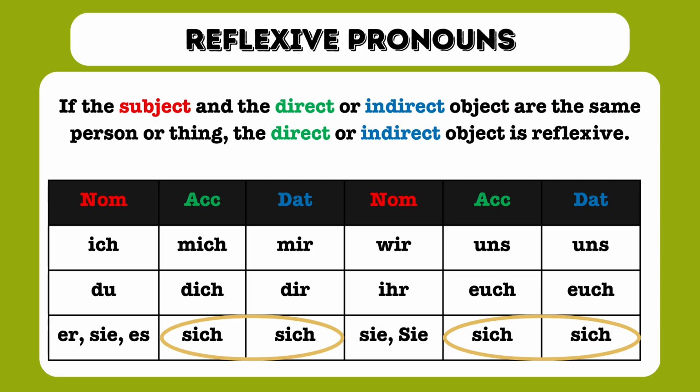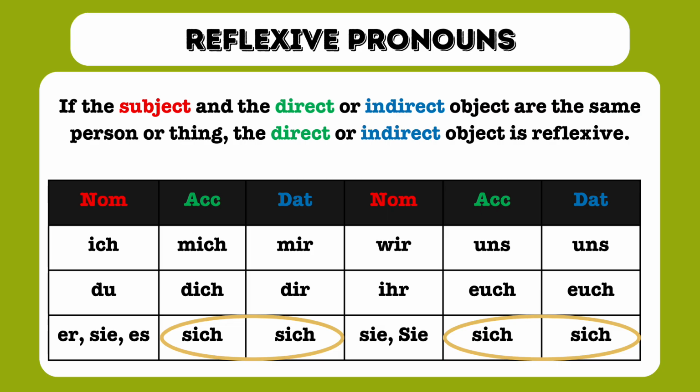For the most part, these are the same as they were for the normal pronouns or the personal pronouns. When they're used in the accusative case, the reflexive pronouns are mich, dich, sich, uns, euch, and sich. You'll notice here that instead of having er, sie, and es split up into their own little rows, I have these set up all together, and then they all change into sich.